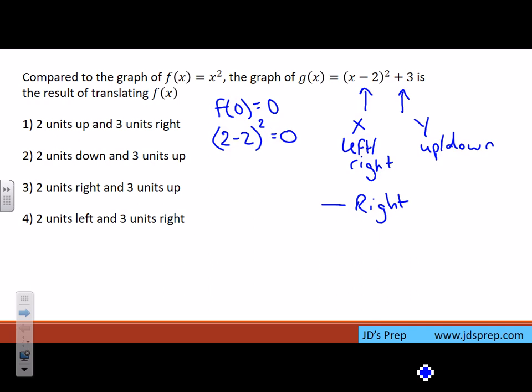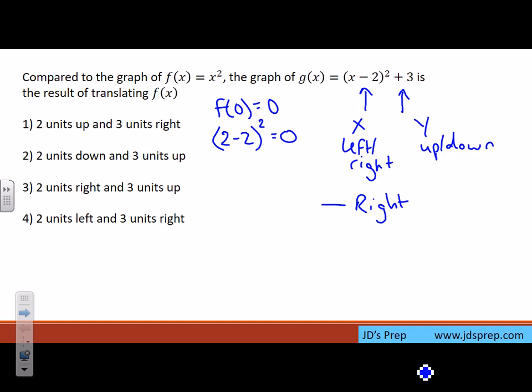So I needed a higher x value than I would have originally with f of x to get the same result from the square. Needing a higher x value means your x's are moved further over to the right, which is the positive x direction.